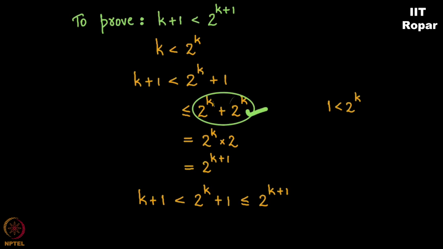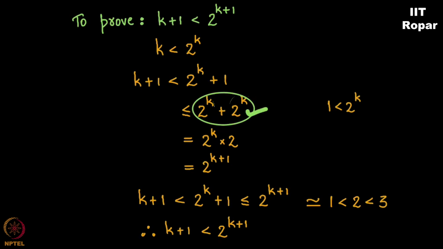Here it is 2 power k plus 1, and in the next step it is 2 power k plus 1, so the exponent here is k plus 1. Now observe something. It is equivalent to saying 1 is less than 2, less than or equal to 3. What does it mean? 1 is less than or equal to 3. This was just an example. What can we conclude here? k plus 1 is less than 2 power k plus 1.